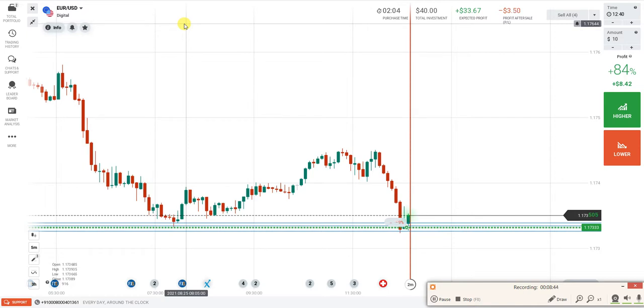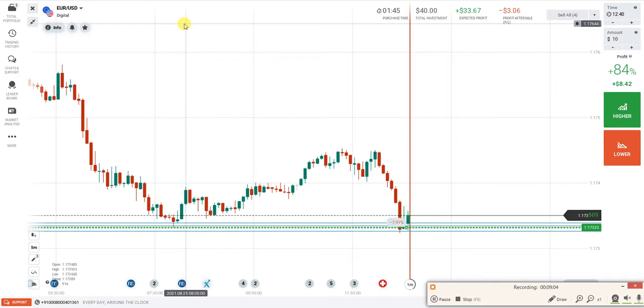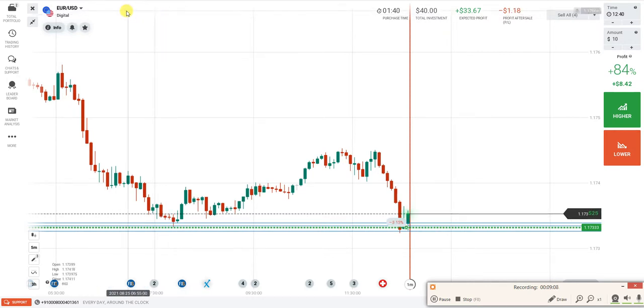Here I could even go for 1 minute time frame trades, but I'm only taking 5 minutes trades because if we get good entry points, it gives us a lot of time to analyze the market and enter in a safe area.